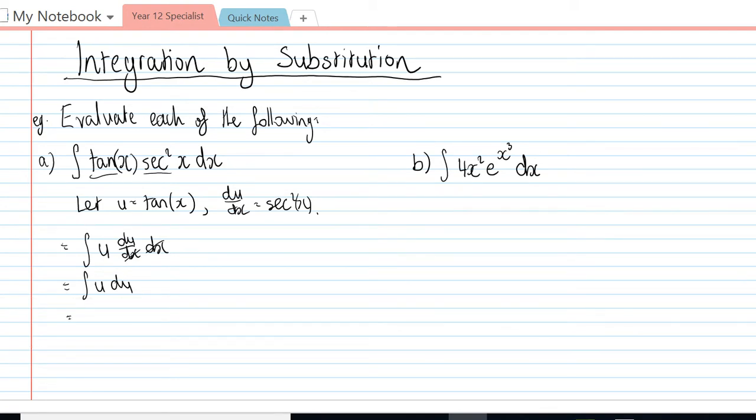Integrating that, we get u squared on 2 plus c. When we put our original function back in, we end up with tan squared x on 2 plus c.